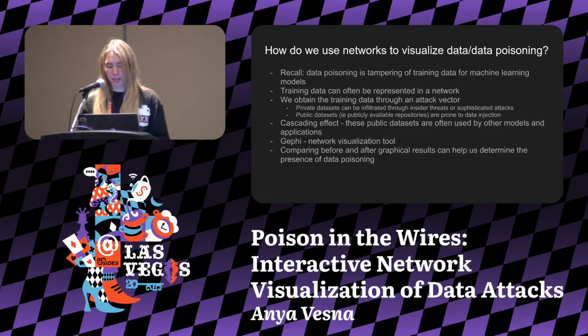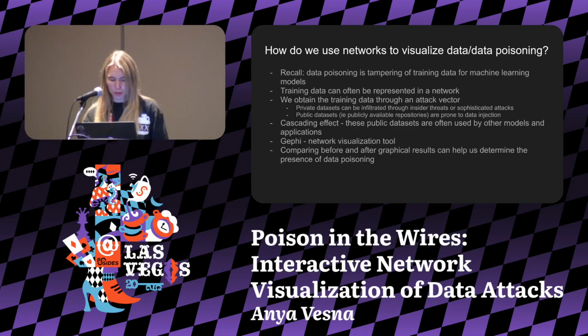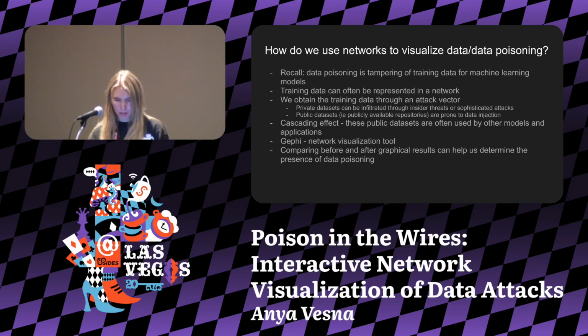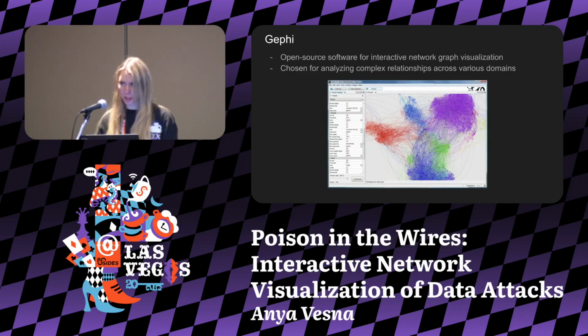Ultimately, the goal with data visualization is comparing the before and after results of poison and clean networks to help determine the presence of data poisoning. So Gephi, which inspired all of my research, is a network visualization and analysis tool which is used as a desktop application.